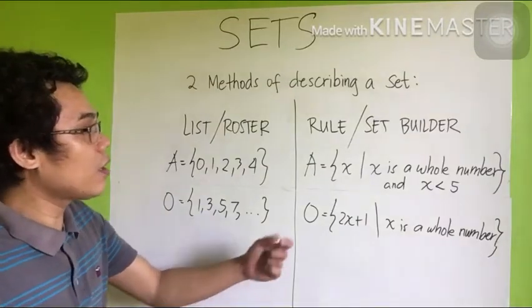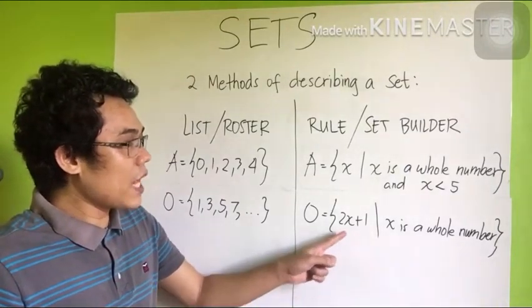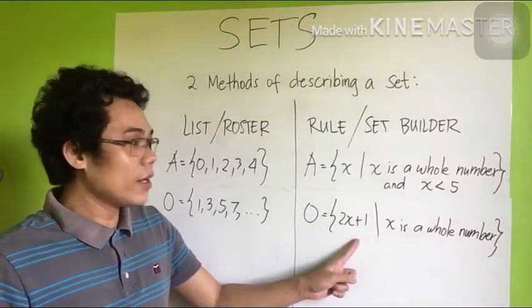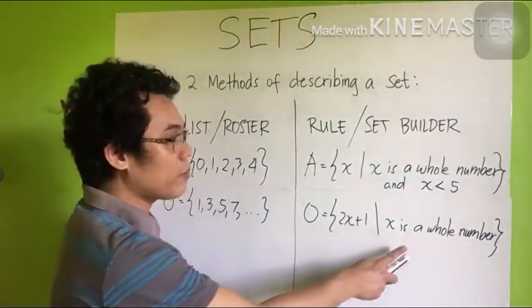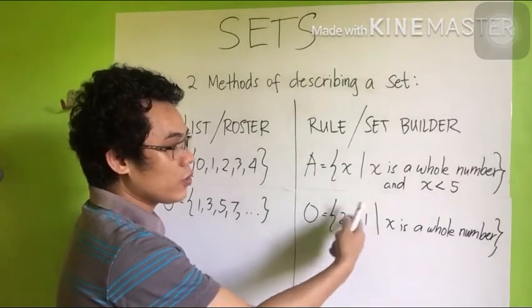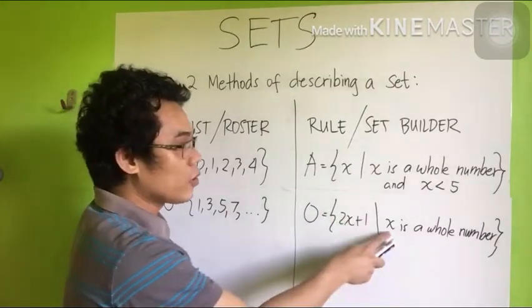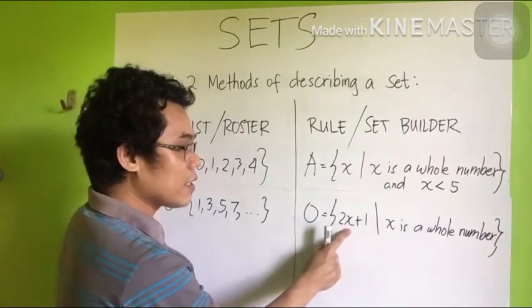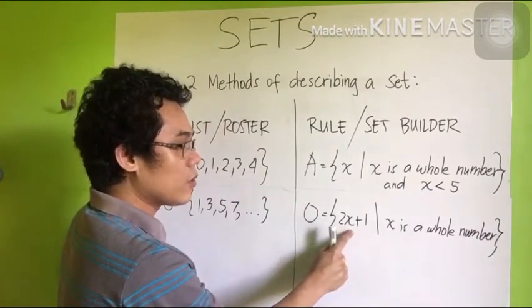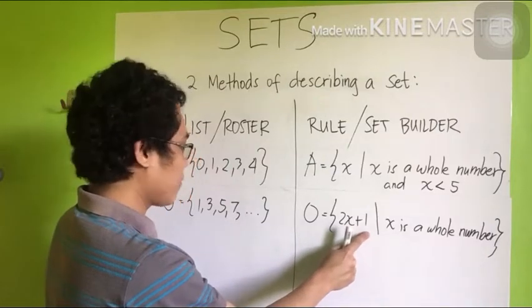Then dito naman sa rule method, so ang ginamit natin ng object is 2x plus 1, such that x is a whole number. Kasi pag whole number, so parang rule ito. So ito yung parang formula siya. So pag ang x is a whole number, mag-start siya sa 0. So palitan natin yan ng 0. So 2 times 0, that's 0, plus 1, it's 1.